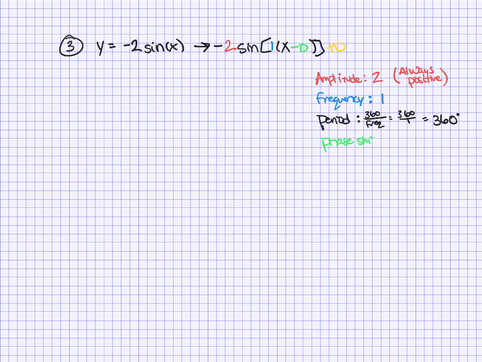Our phase shift is going to be 0. And our midline is also 0. So almost everything is exactly the same. It's just that our amplitude is 2, which means we've been vertically stretched by a factor of 2. So those are all of our features.